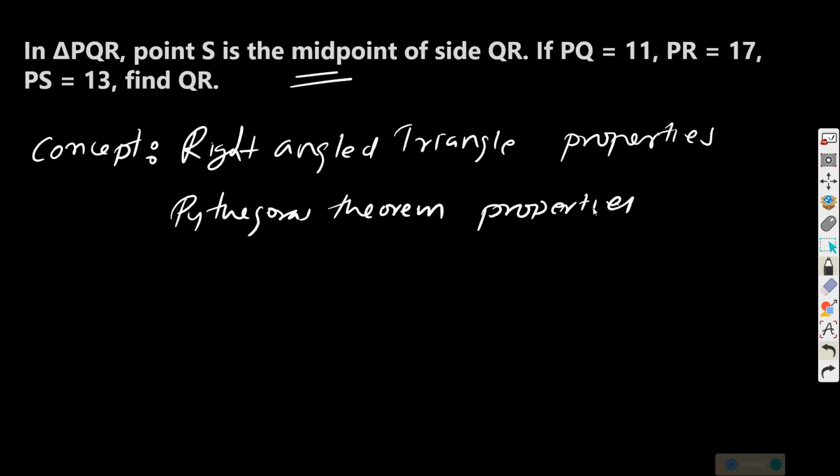In triangle PQR, point S is the midpoint of side QR. So you better make a simple rough diagram with respect to the question.